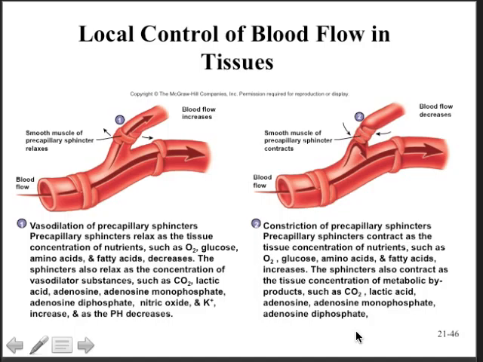Okay, and again, this makes sense, right? The fewer waste products you have, the less circulation you need in order to wash those waste products away. The more fuel you have, the less blood flow you need.